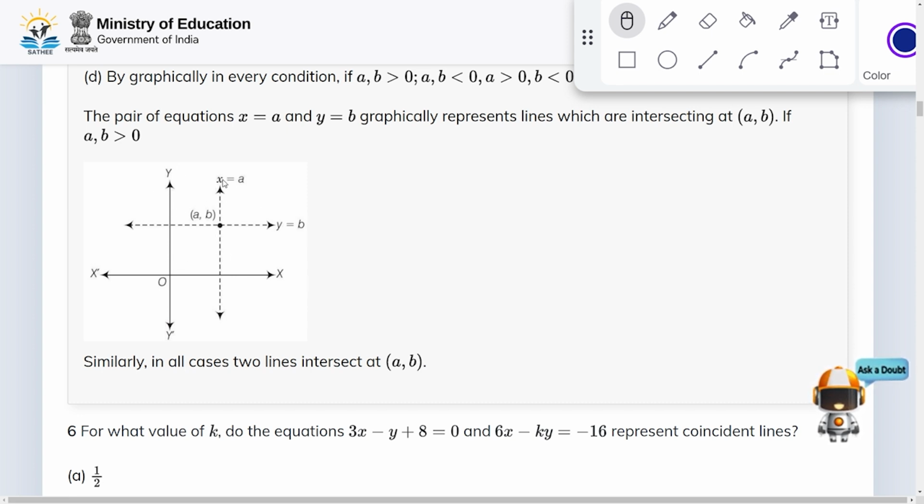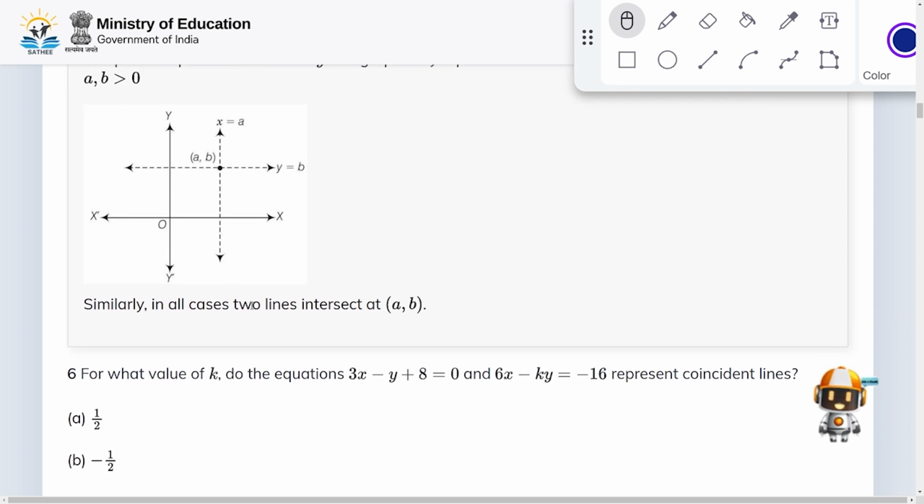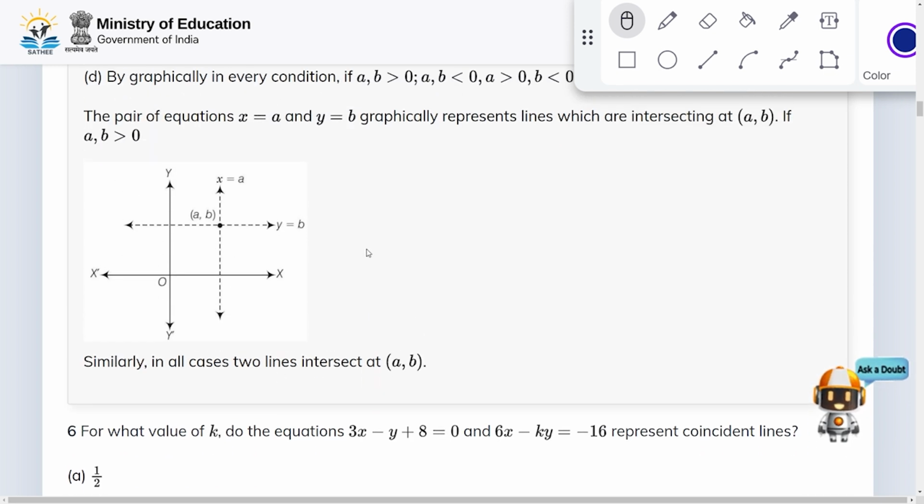These two lines intersect each other at point a comma b. Similarly, in all cases, the two lines intersect at point a comma b.